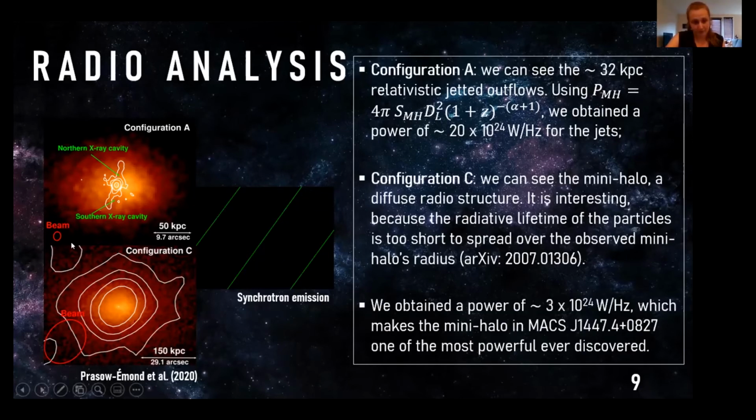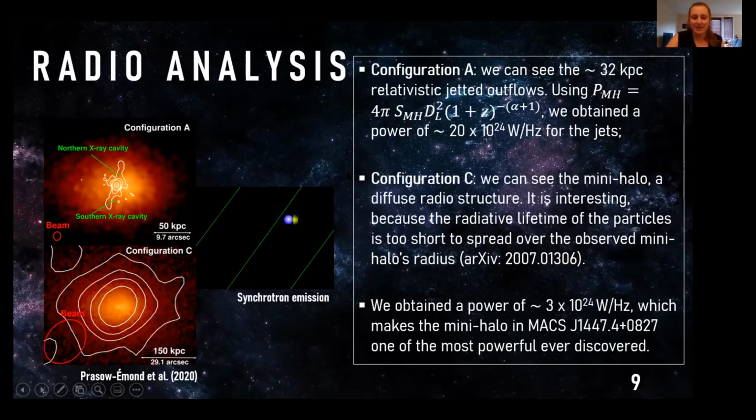We calculated the power of the mini halo, and we obtained 10^24 watts per hertz. Again, this makes the mini halo in MACS J1447 one of the most powerful ever discovered.